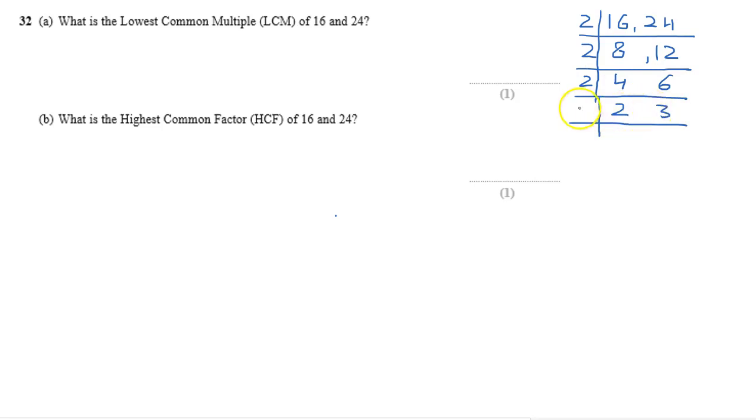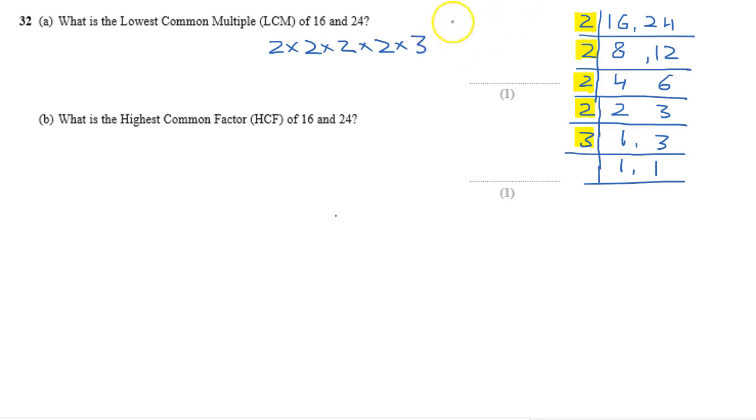So what we are going to do is 2 times 1 is 2 and 3 will remain here. Then we divide it by 3. 1 will remain as it is. 3 times 1 is 3. So we have got this. So our LCM is, we multiply these numbers. So that is 2 multiply 2 multiply 2 multiply 2 multiply 3.